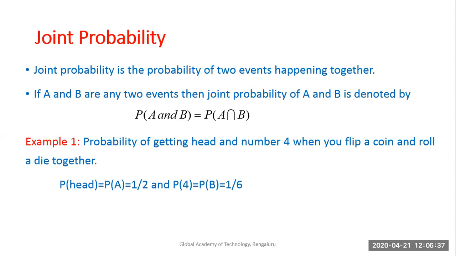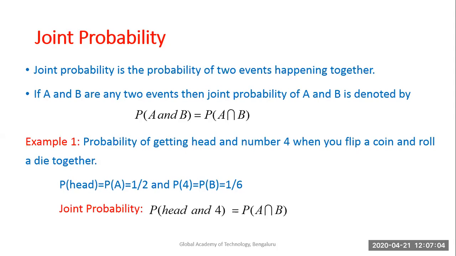So there is a 50% chance that you get head when you flip a coin. Similarly, if I denote the event of getting 4 as B, the probability of B is 1 by 6, since out of 6 possibilities when you roll a die, there is one possibility of getting the number 4.